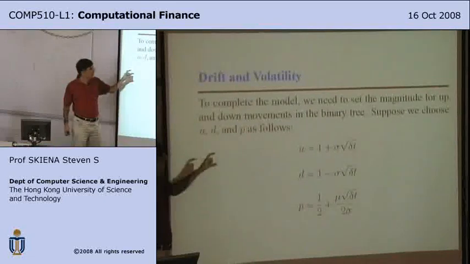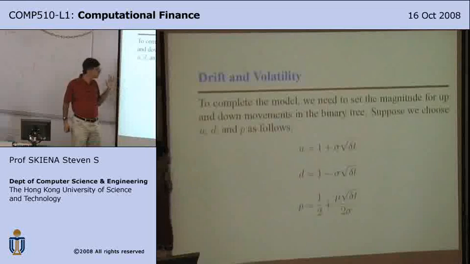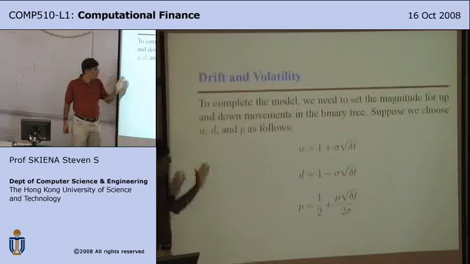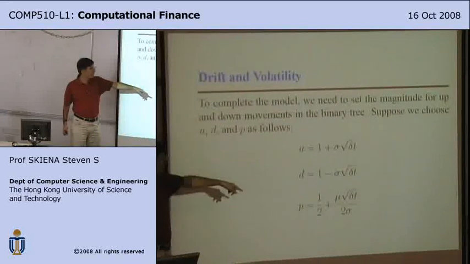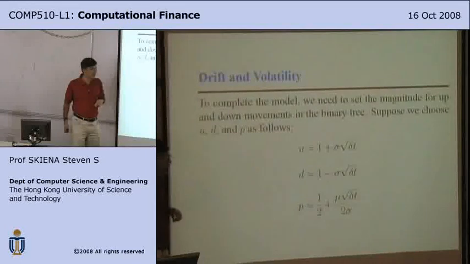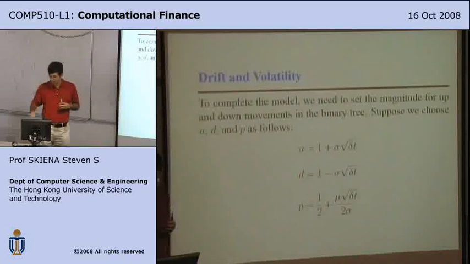This gives us a way to add volatility to our binomial tree model, in a way such that the walks that we get, the prices that we get, have the desired volatility, and if we want to price stocks according to a particular drift, the right mu. Any questions?